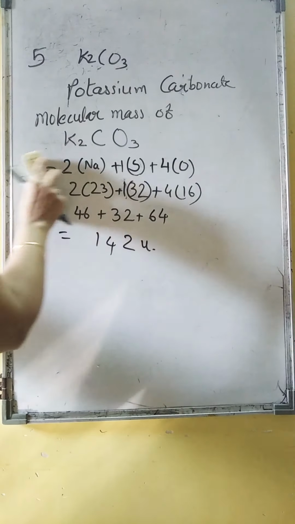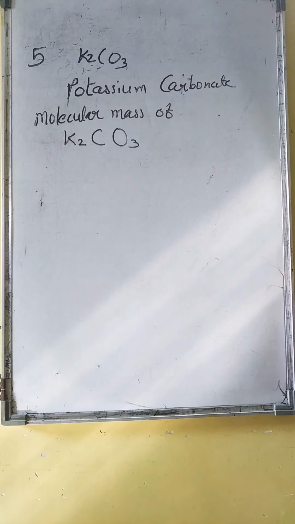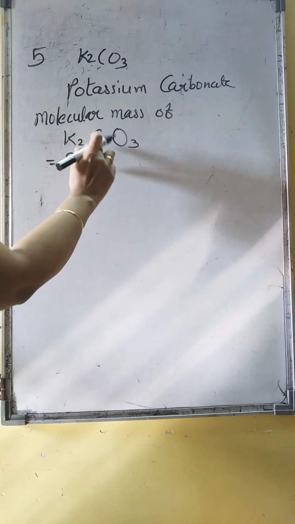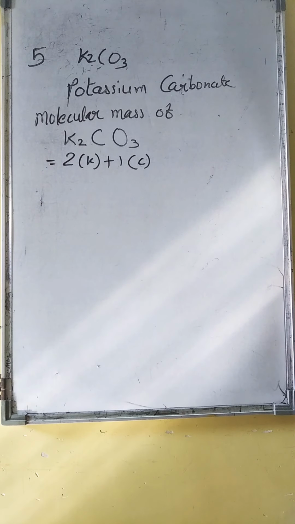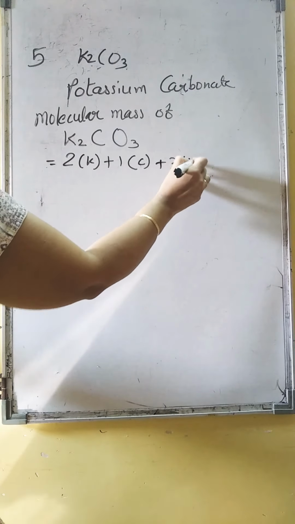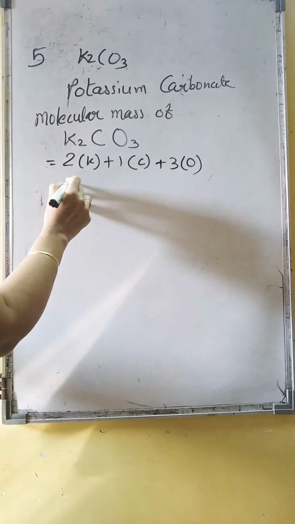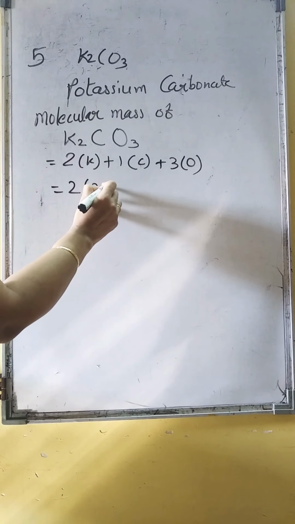Right? So we have K2 means 2 times K. Correct? So 2 times K. C means 1 times C. And then O3 means 3 times O. Right? So now 2 times. What is the atomic mass of K? Find out. It's 39.